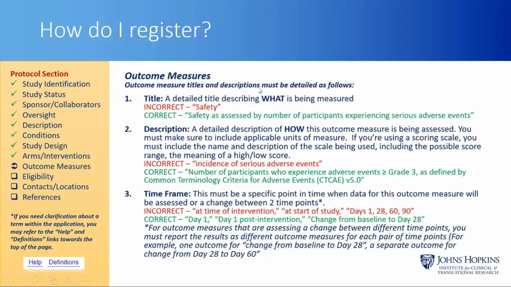Now the outcome measures. So this is a very difficult section for some people, and this section is the one that always comes back with comments when you submit it to ClinicalTrials.gov. The outcome measures is where you're actually reporting the results. So because you're registering the study, it's very important that just like the arms and interventions, this is set up correctly from now.